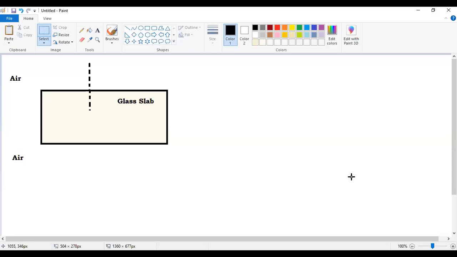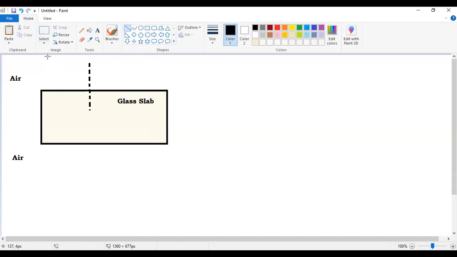Students, see the diagram shown to you. This we have already discussed in the notes provided to you on 12th October 2020.